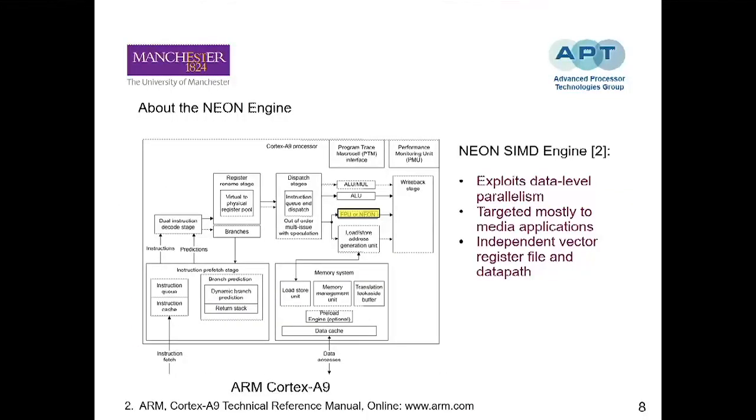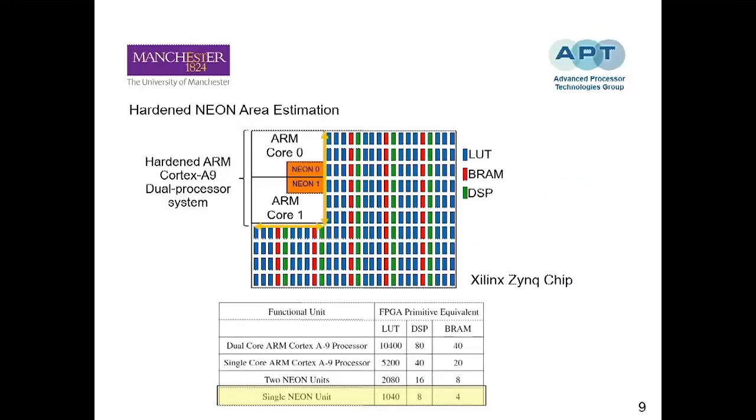So as we know, Neon is the vector engine of ARM. It has an independent vector register file and data path, and it's targeted mostly to media applications. So what we did was that we took a Xilinx Zynq chip that is an off-the-shelf device, and we used the floor planning tools to get a sense of how big the embedded ARM is in terms of FPGA primitives.